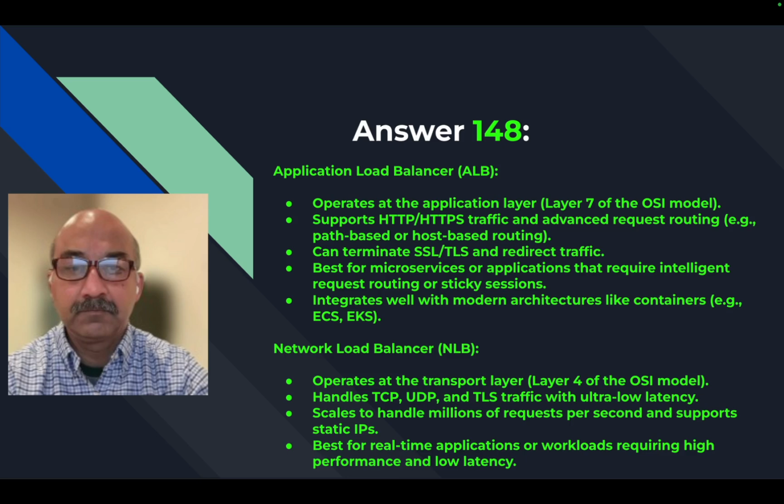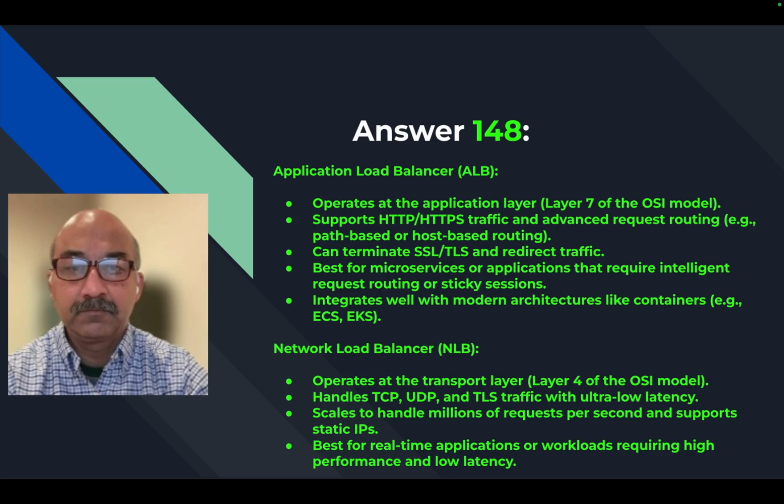That you cannot do in a layer 4 network-level load balancer. Because an ALB deals with HTTP and HTTPS, it can also terminate SSL and TLS certificates for security and encryption. These are also really great for microservices because they're talking between services. This integrates really well with modern-day applications because applications nowadays are all service-based.